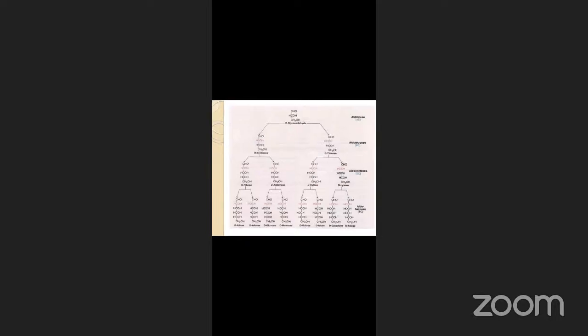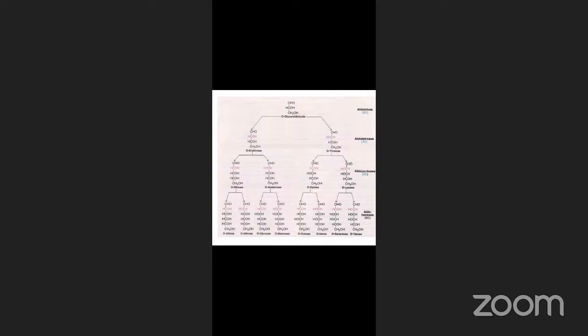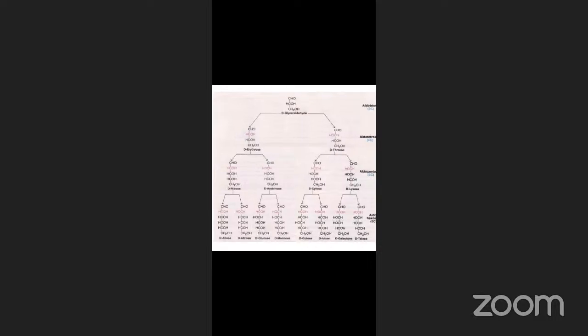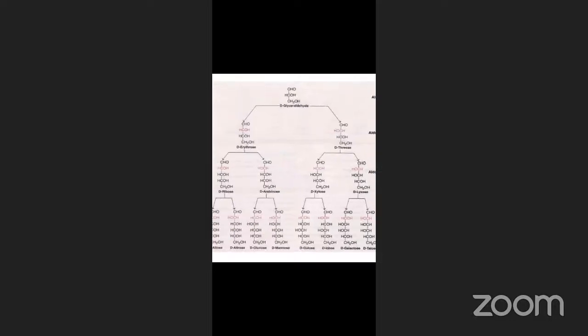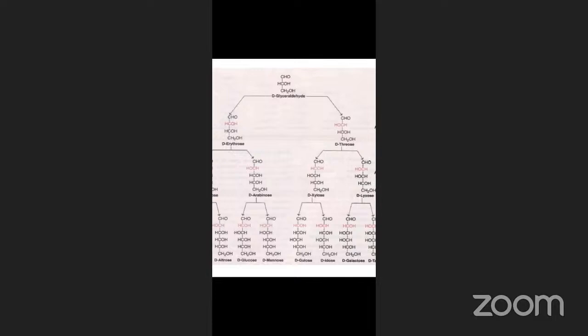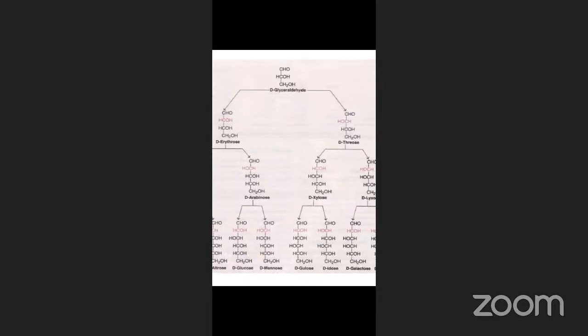These are about aldehydes. The aldehyde precursor is D-glyceraldehyde. These are three carbons, so just listen carefully and understand. I'll just zoom it. So you have three carbons.